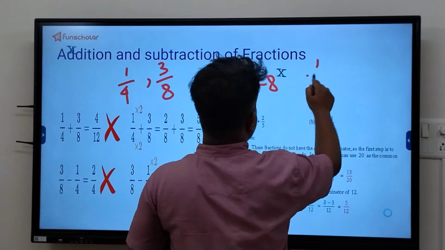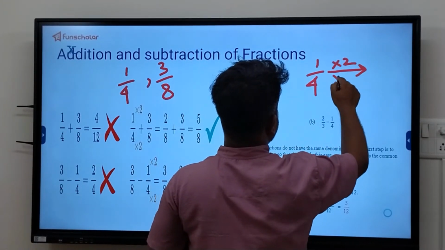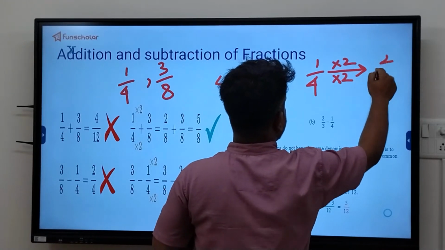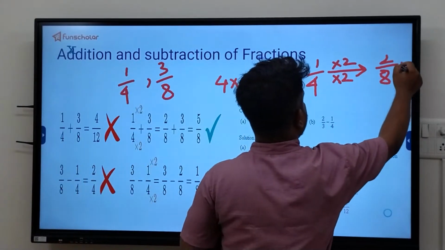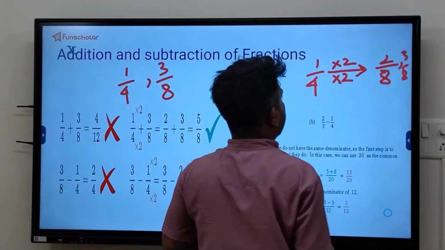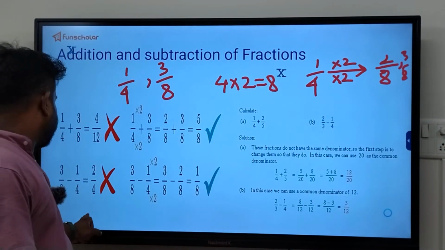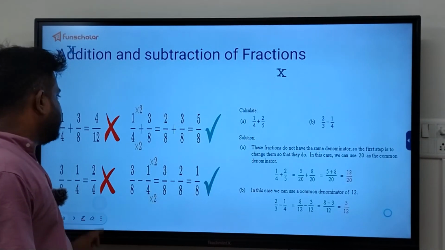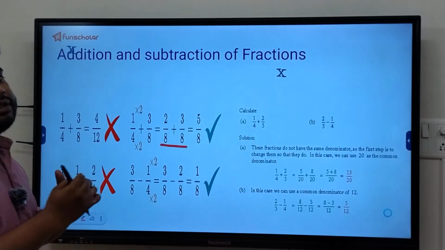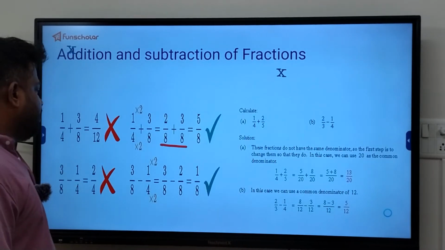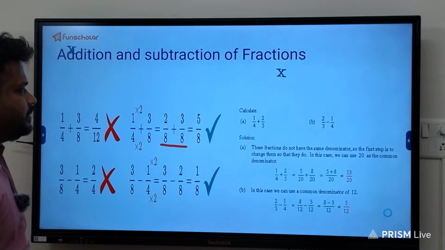So to make 1 by 4 a like fraction, we multiply both parts by 2 and make it 2 by 8. Now 2 by 8 and 3 by 8 are both like fractions, so we can just add them and get the answer. The same goes for subtraction as well.